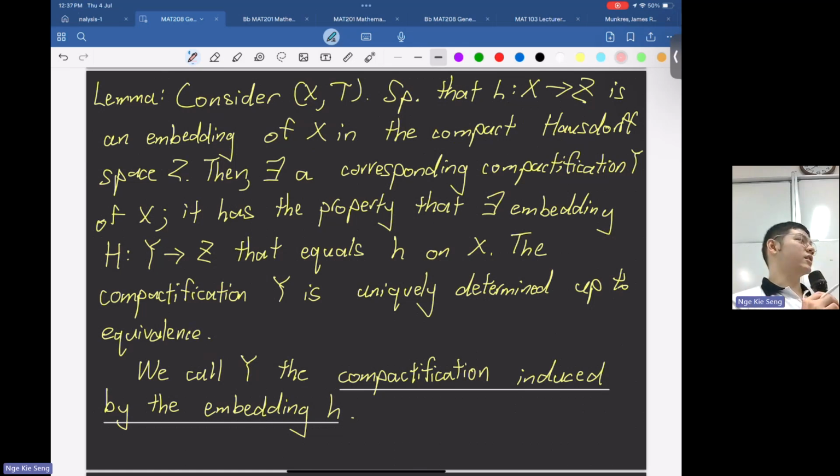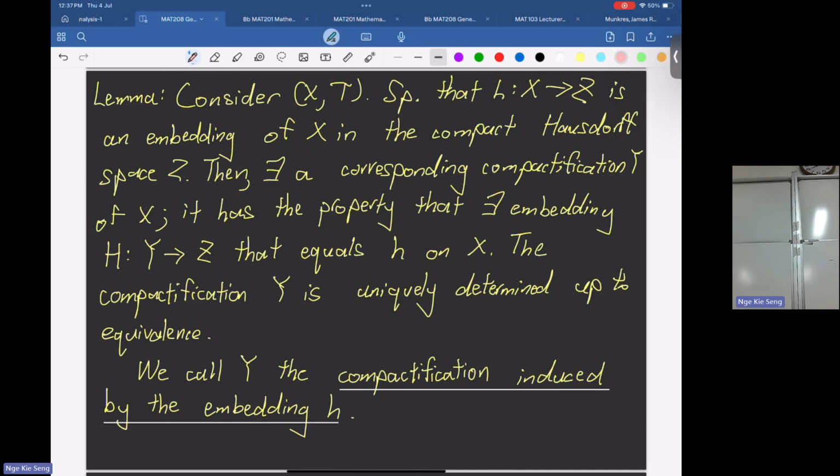But remember how we proved the space has that property? We constructed a specific embedding. So through this specific embedding, it is unique. But what if you have another embedding that gives you the same Stone-Cech property? Can you imagine? You pick a specific embedding just now.